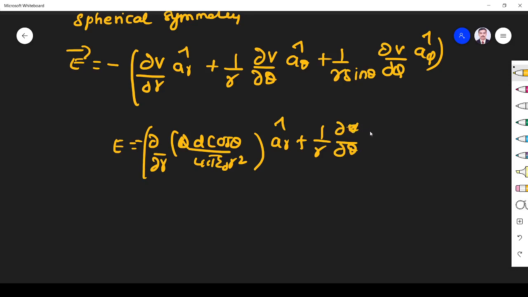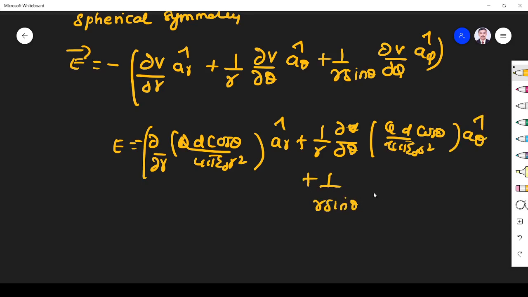Instead of V we substitute QD cos theta divided by 4 pi epsilon naught R square, A theta cap, plus 1 by R sin theta dou V by dou phi of QD cos theta by 4 pi epsilon naught R square, A phi cap.